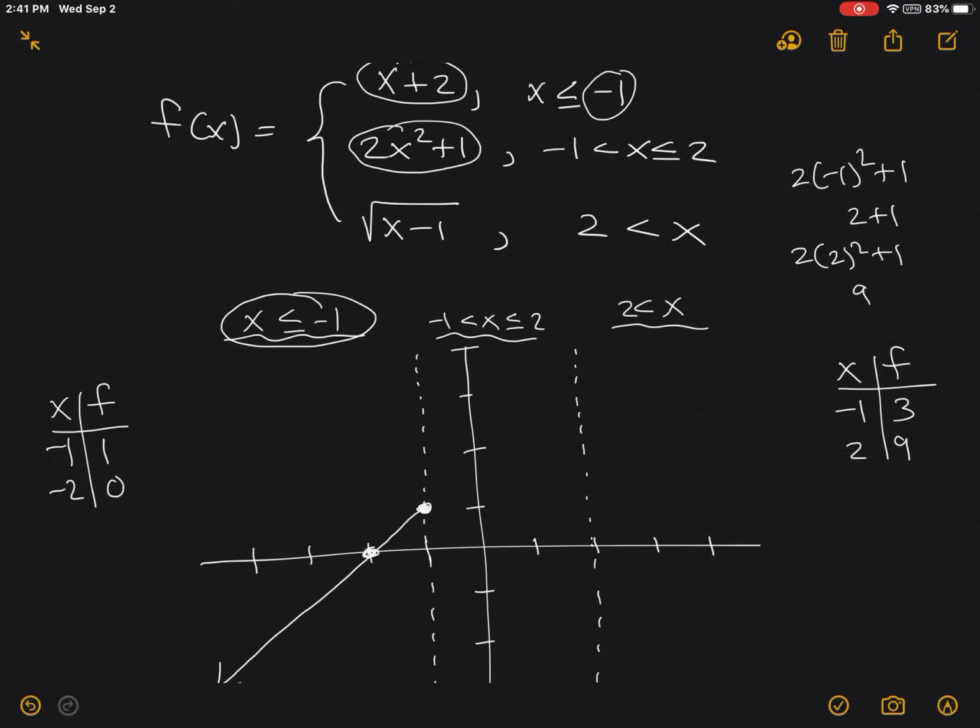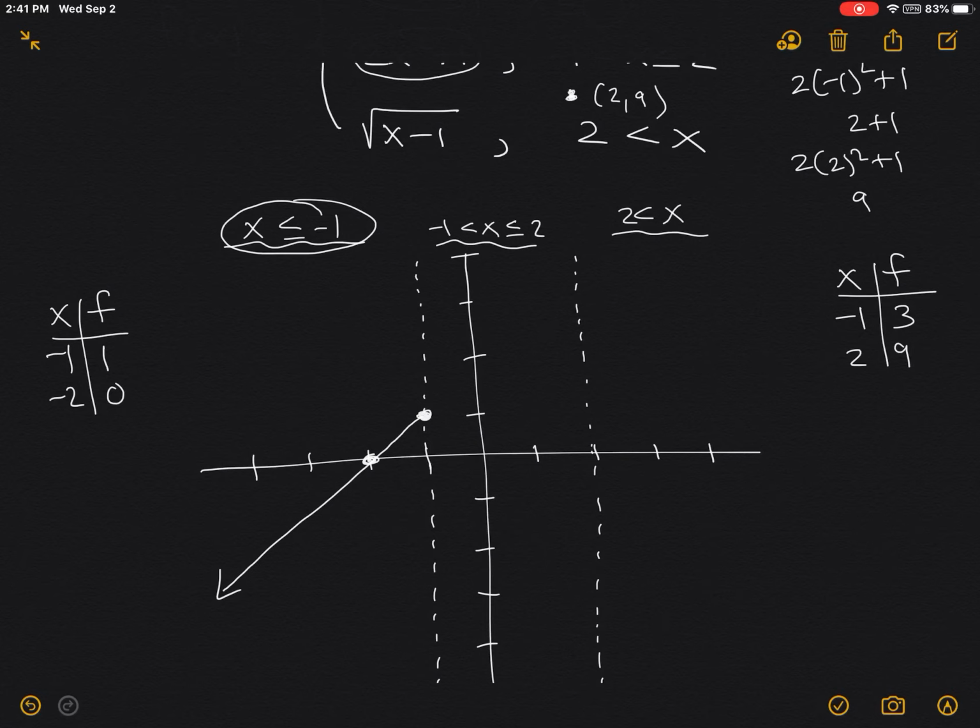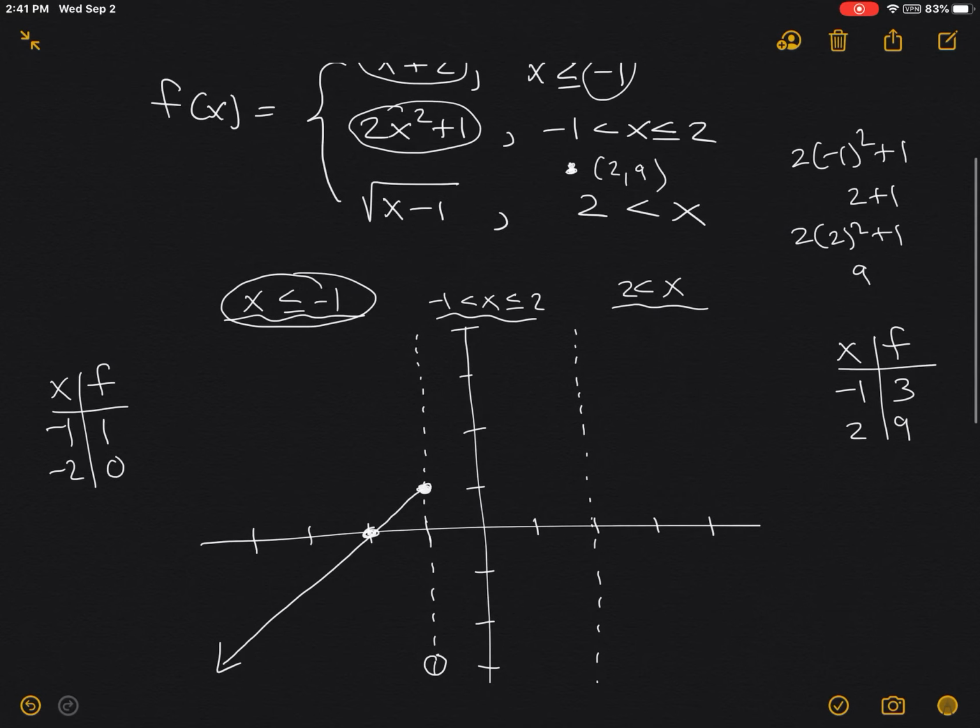So 2 comma 9 is going to be all the way up here. At 2 comma 9, it's going to be a closed circle, okay? We'll call this 2 comma 9. And then -1 comma 3 is down here. It's going to be an open circle, okay?